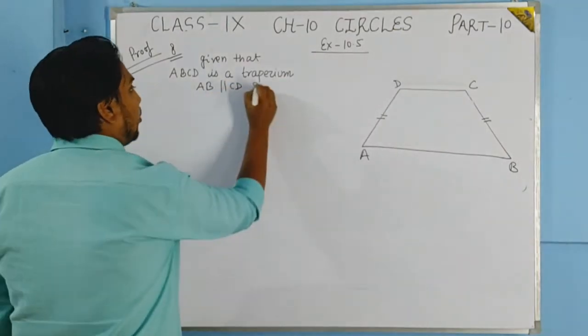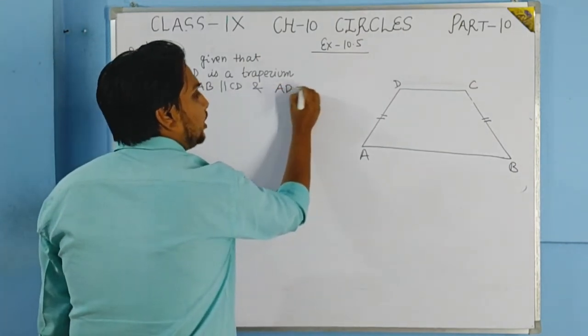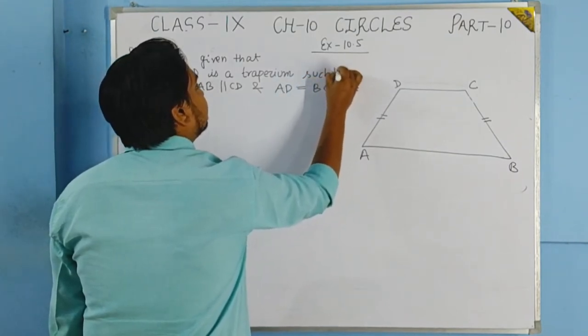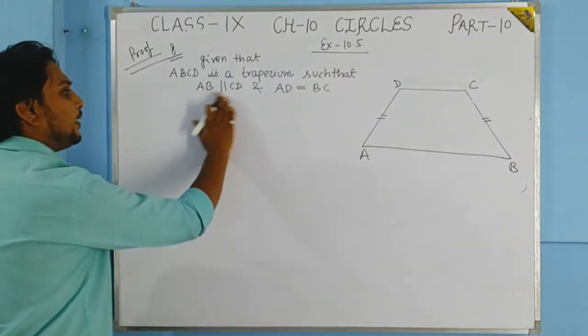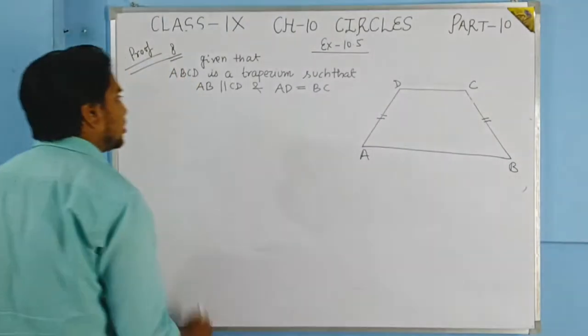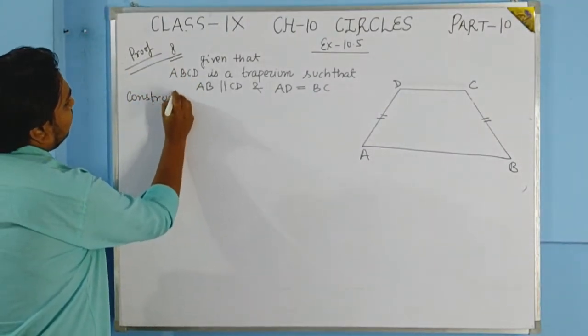Also in this question it is given that AD is equal to BC. So ABCD is a trapezium such that AB is parallel to CD and its non-parallel sides are equal to each other. Now students, some construction we have to do here.